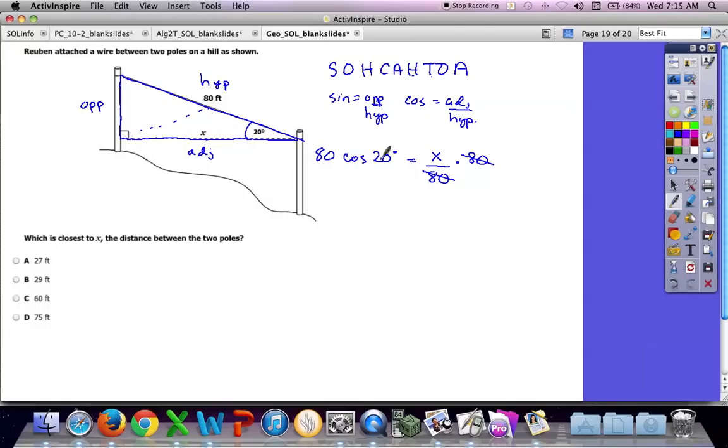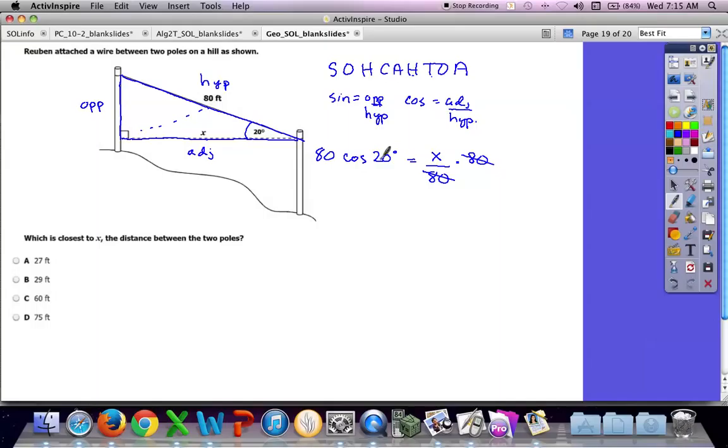Now, how do you do that? In your calculator, just make sure you're in degree mode. I don't have my calculator up on the screen right now, so I'm just going to do it here. 80 times the cosine of 20, and make sure you're in degree mode, and you get 75.2-ish.